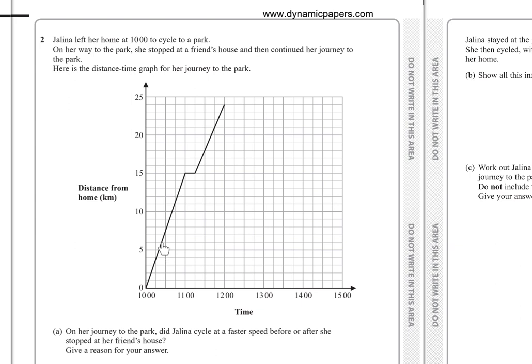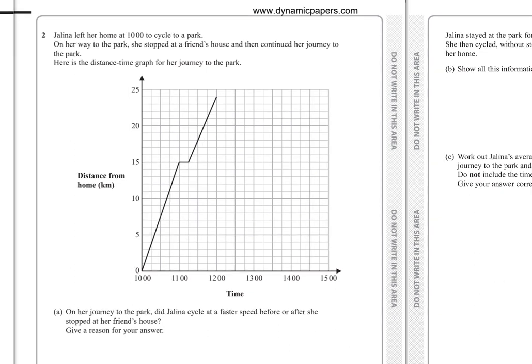This line represents the motion before and this line represents the motion after. Each line represents constant speed, and to find this constant speed, find the gradient of the line. The gradient of the line equals rise over run, or you can take 2 points, then y2 minus y1 over x2 minus x1.